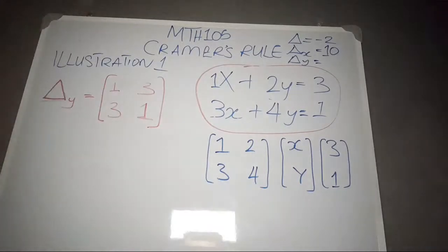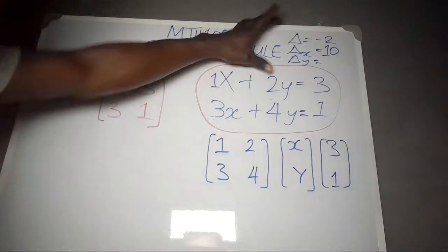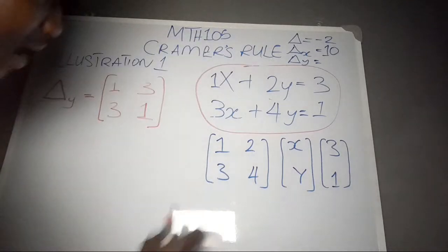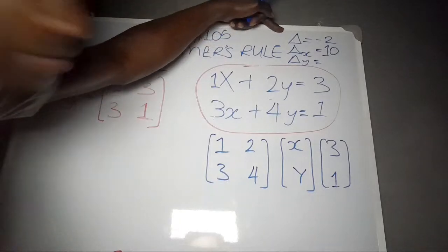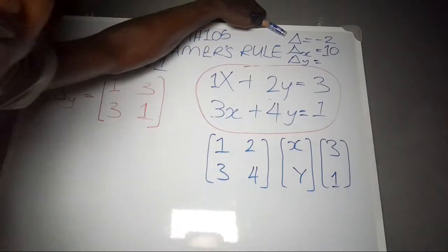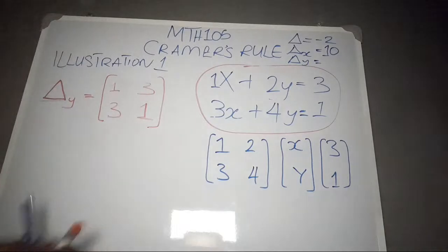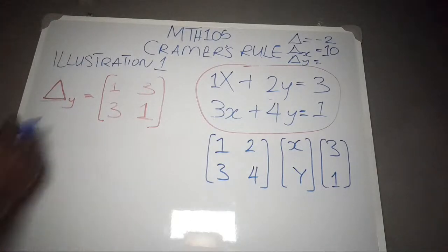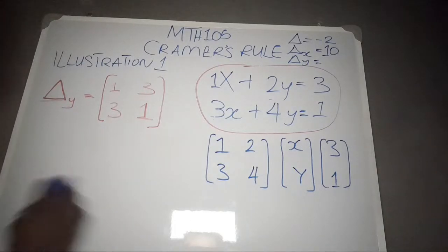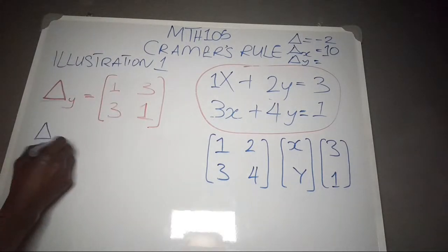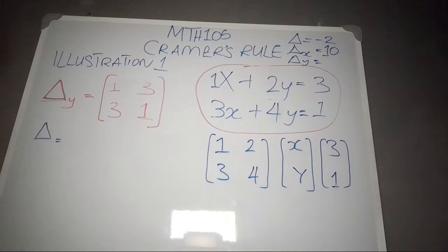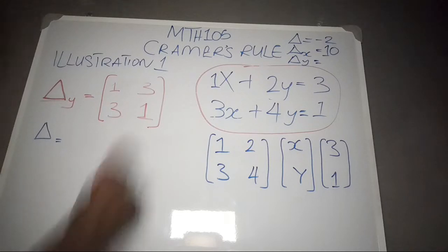So as I said earlier, after we have done this, the next thing is to solve for the determinant, and we have done that. And how did we get determinants? Let me do that here quickly so that we get the progression of everything.